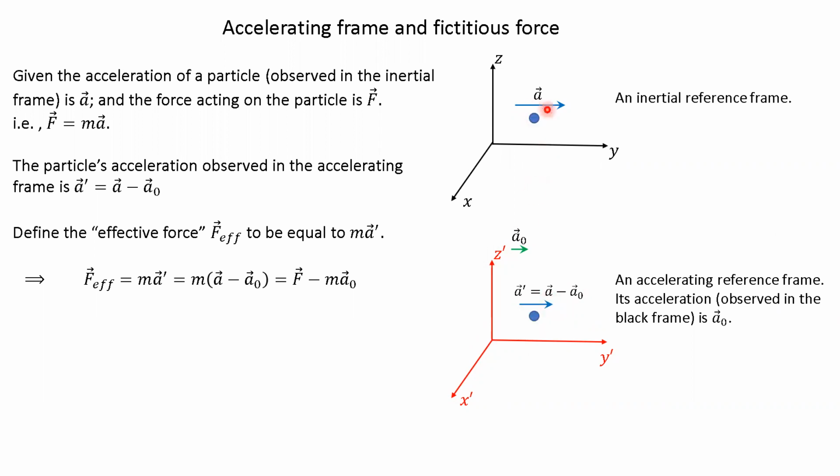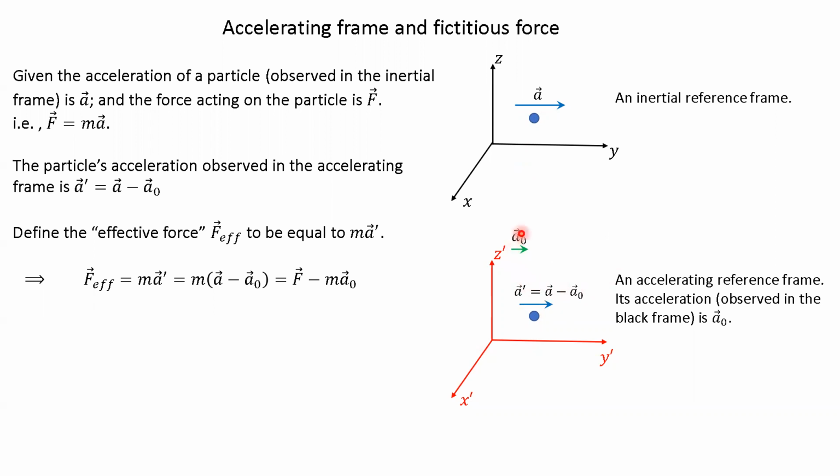Because this is accelerating, but you are also accelerating, so you're kind of tracing the particle. Then you see that this particle is not accelerating at a. Instead, you see that the acceleration of the particle is given by a prime, which is given by a minus a naught.